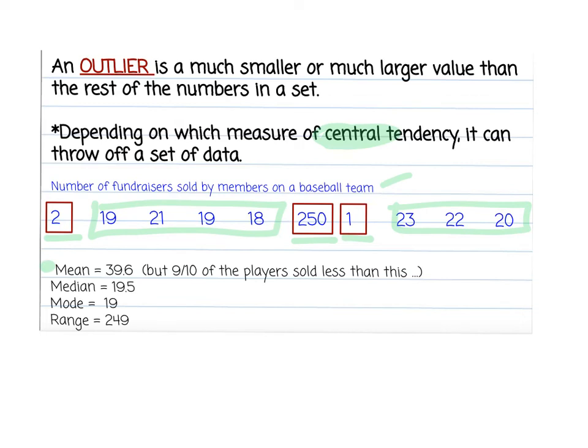But does that really measure the central or the group as a whole if 9 out of 10 of them sold less than that? So those 3 outliers really threw off that data. Whereas the median and the mode are really close together and they show that. And then the range will kind of remind you, if the range is really large, it kind of reminds you that maybe the median isn't going to be super close together.